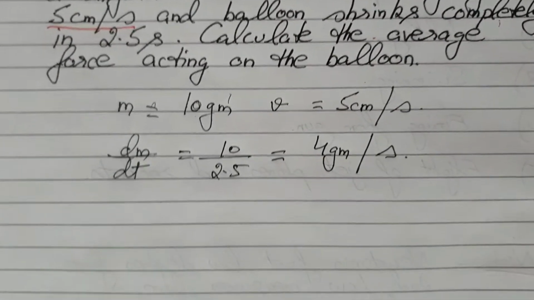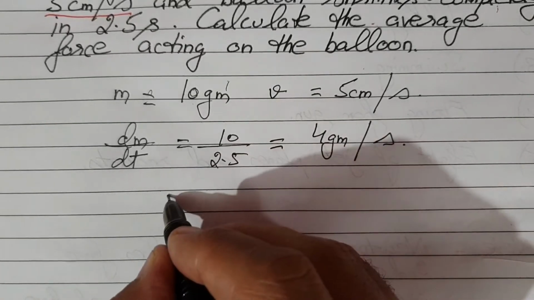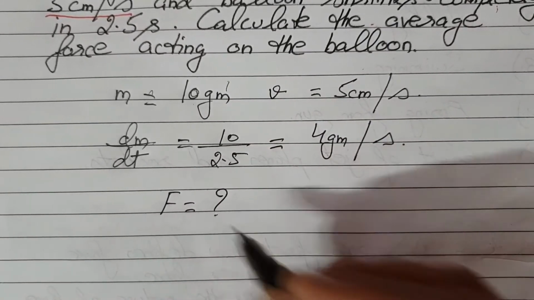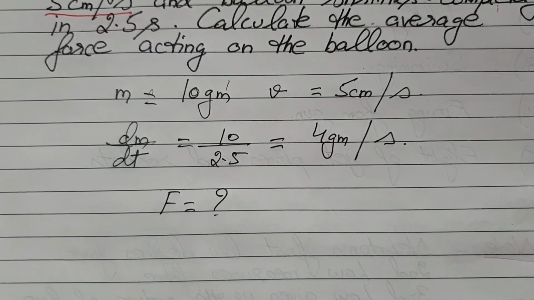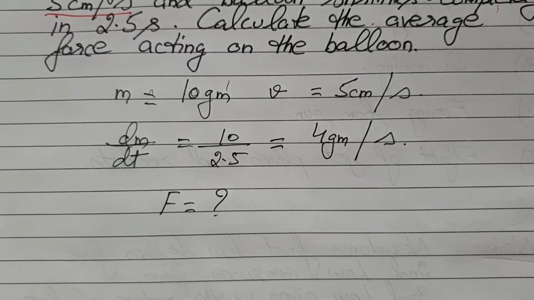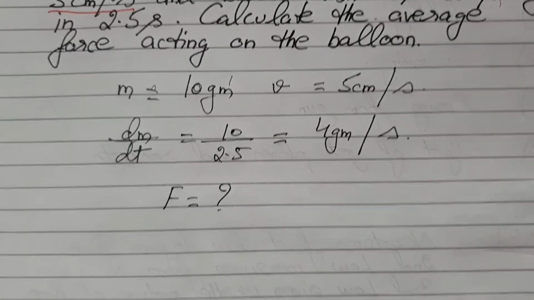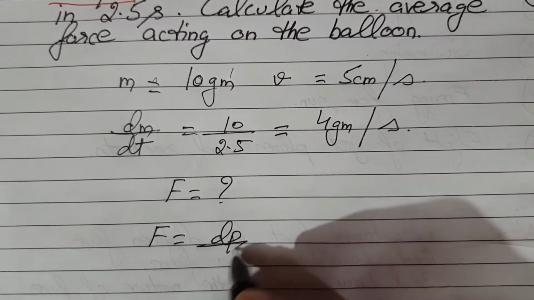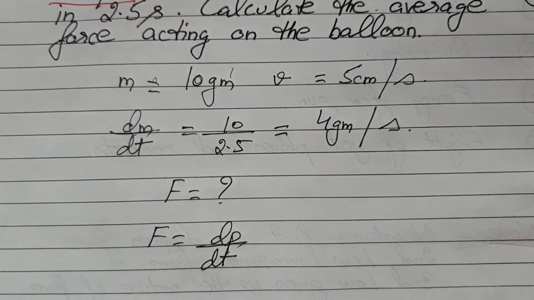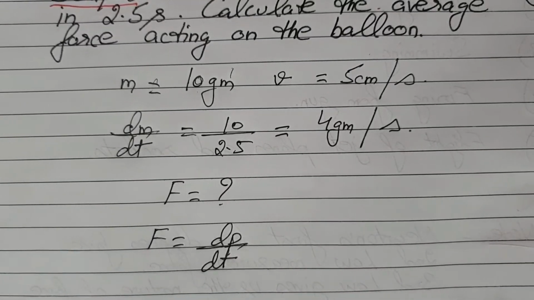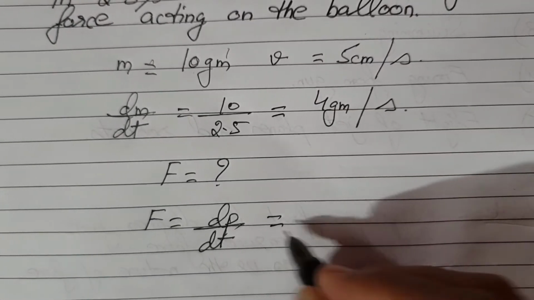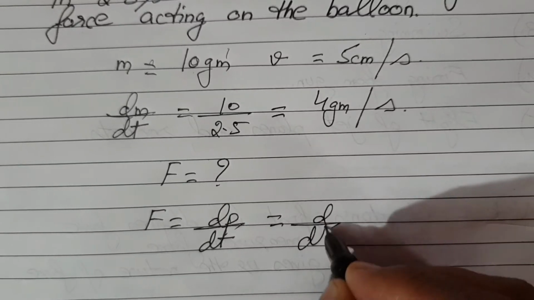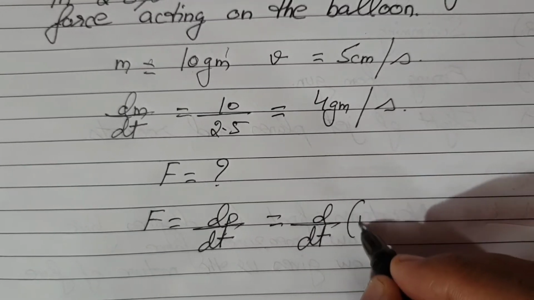Now we have to calculate the force F. We know that capital F is equal to dp by dt, the rate of change of momentum. So this is d by dt of mv.